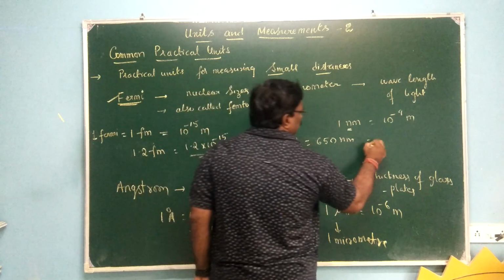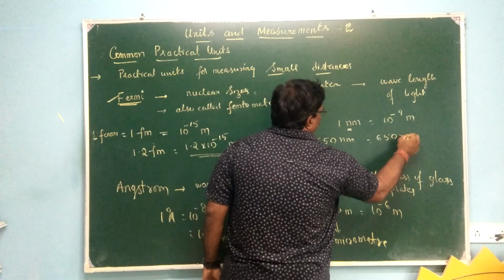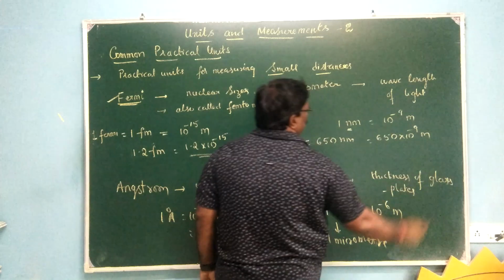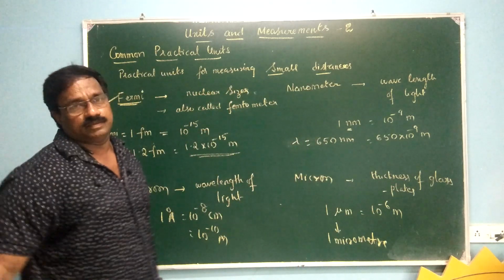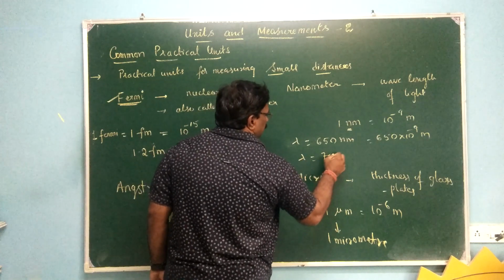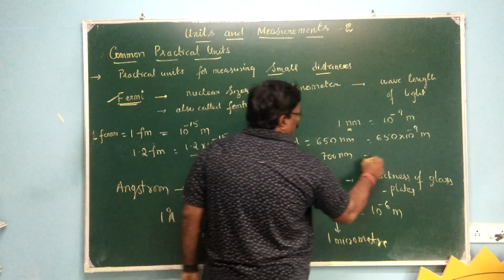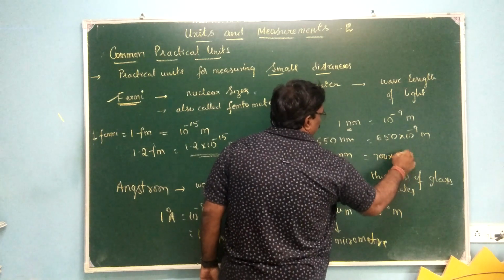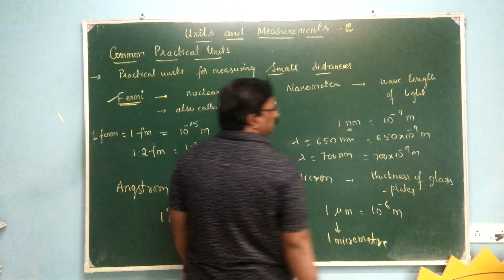If you want to write in meters, 650 into 10 power minus 9 meters. That is the way to write. Or 700 nanometer. Lambda is given as 700 nanometer. This you want to write in meters: 7 into 10 power minus 7 meters.